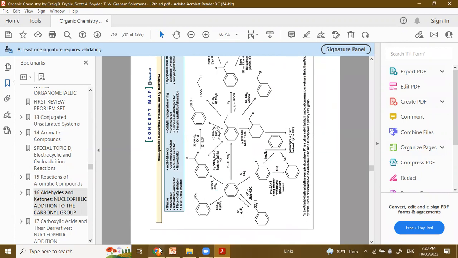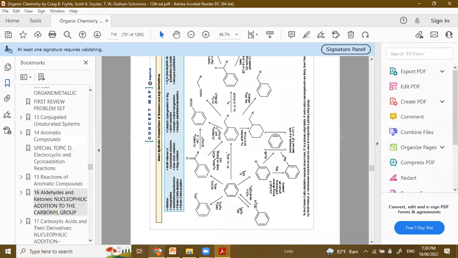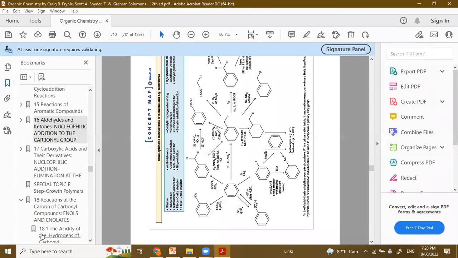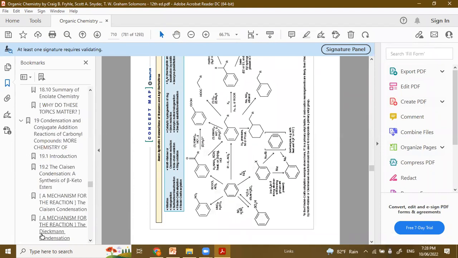Whatever chapters will not be covered in 131, you will cover in 132. And there are only a few chapters that need to be covered in 132.